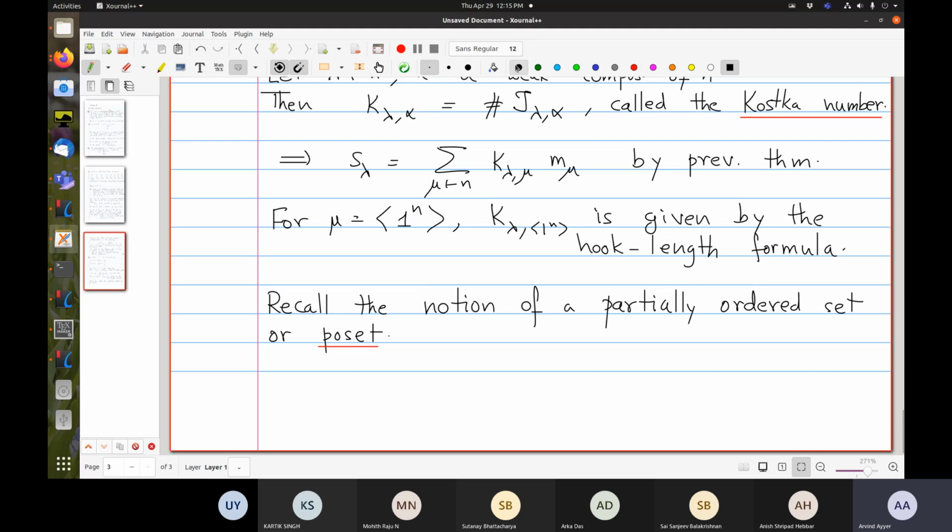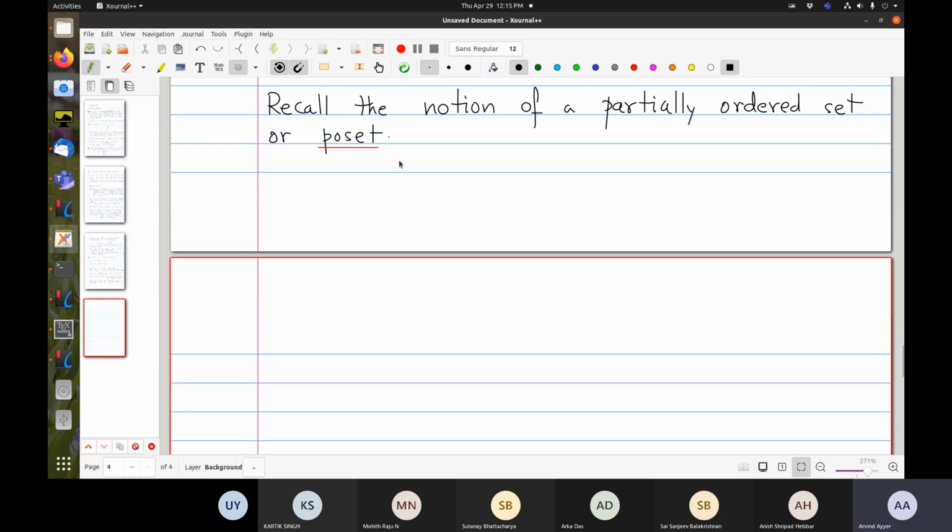It's a set together with a relation which is reflexive, anti-symmetric, and transitive. So here's the definition. The dominance order on the set of all partitions of n is as follows.